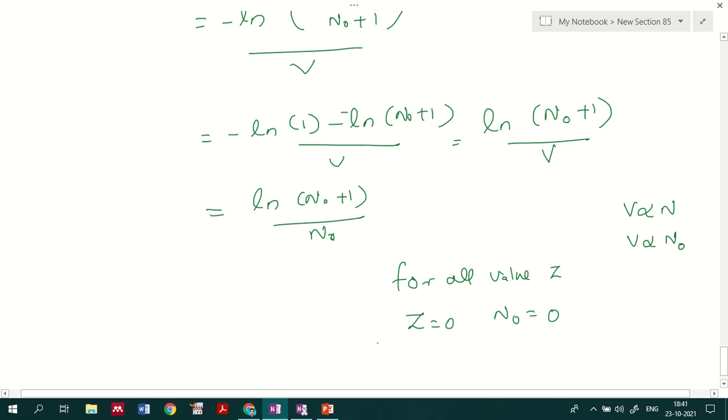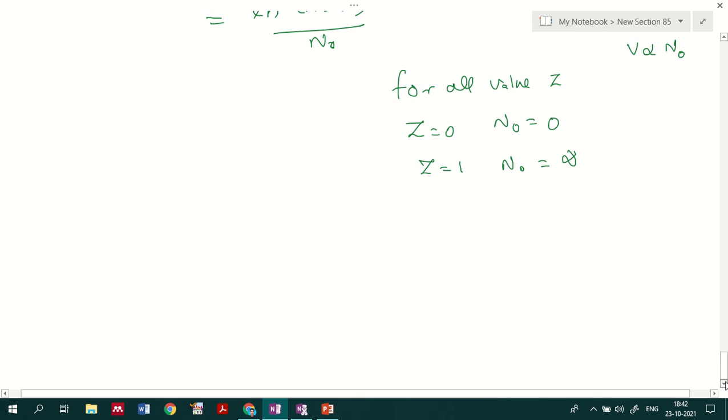And we know that for z equal to 1, n0 should be equal to infinity. So by considering that, for z equal to 0, n0 is equal to 0, and when z equal to 1, n0 will be equal to infinity. We have seen the case of the Bose-Einstein condensation state in the last class as well, and the same scenario applies here, so that we already know.